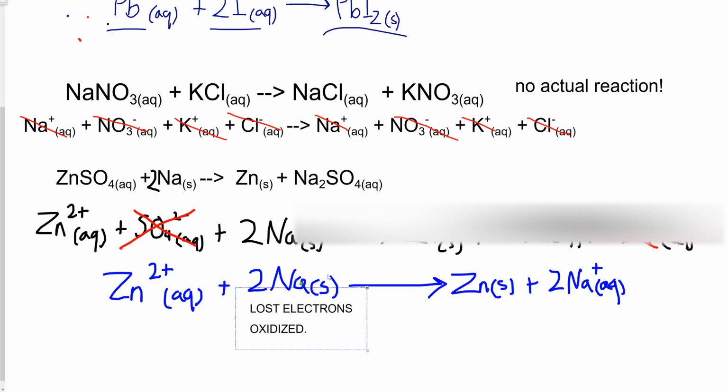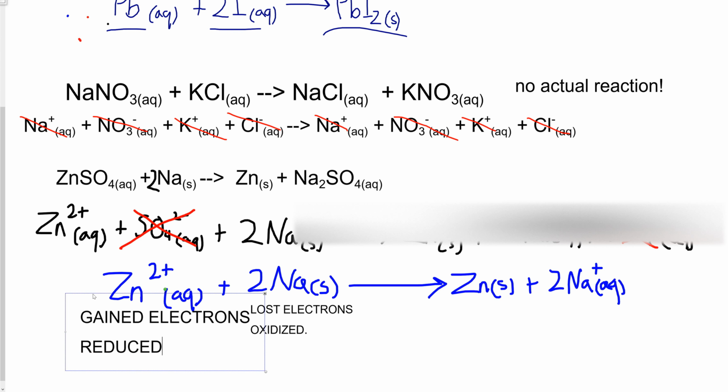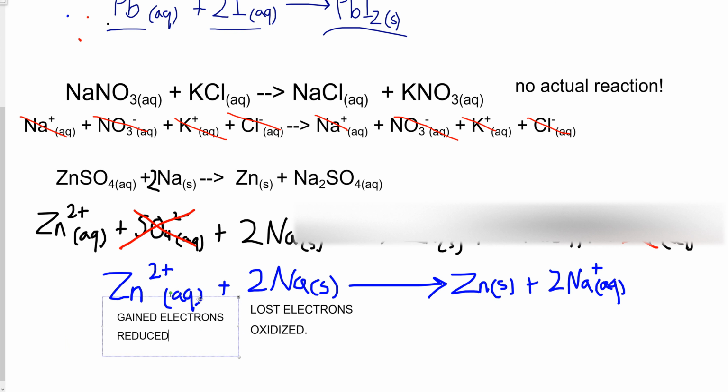And that is a phenomenon. So I'll say gained electrons, and it was reduced. So when something loses electrons, it is oxidized, and when it gains electrons, it is reduced. So this guy, sodium, is an electron giver-awayer. It's an electron donor in this case.